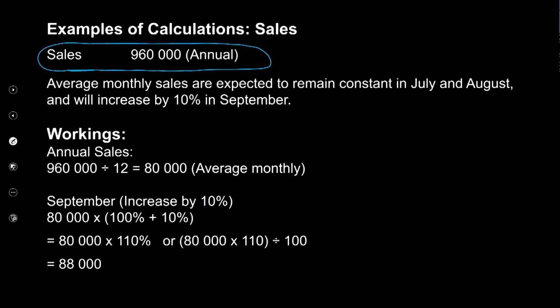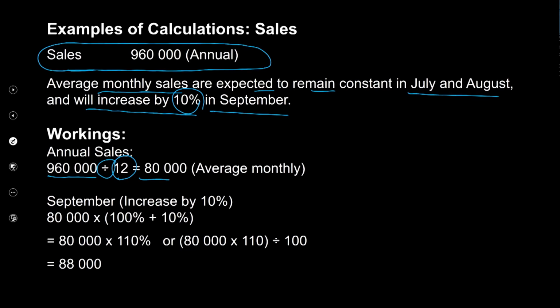They're telling you average monthly sales are expected to remain constant in July and August, and will only increase by 10% in September. Here's my workings. Take your annual sales figure, 960,000, and divide it by 12, because we have 12 months in the year and the figure given was an annual figure.